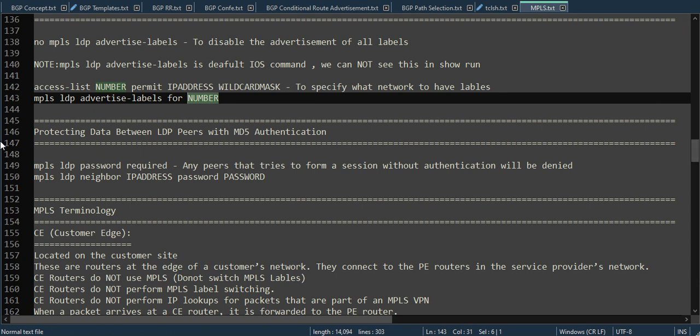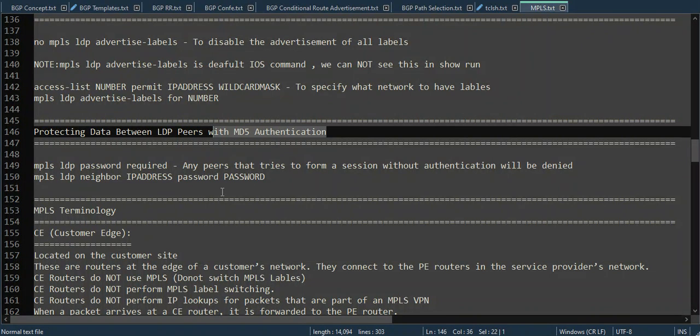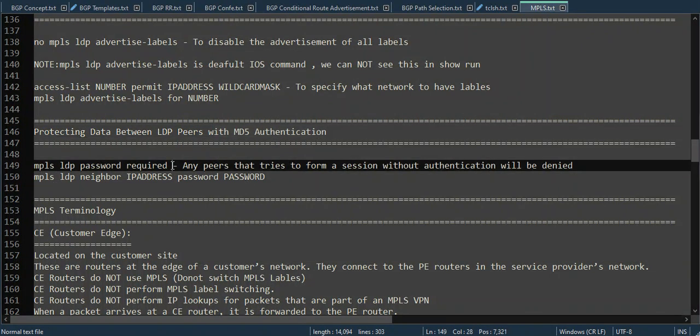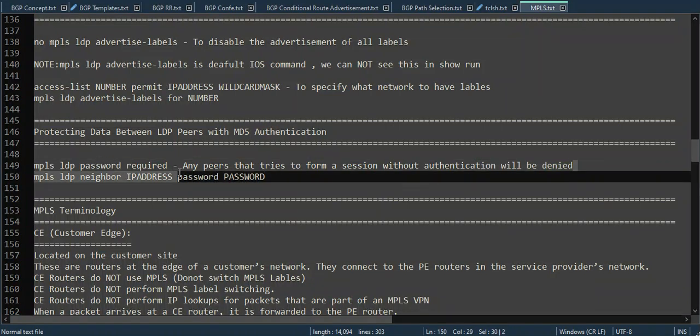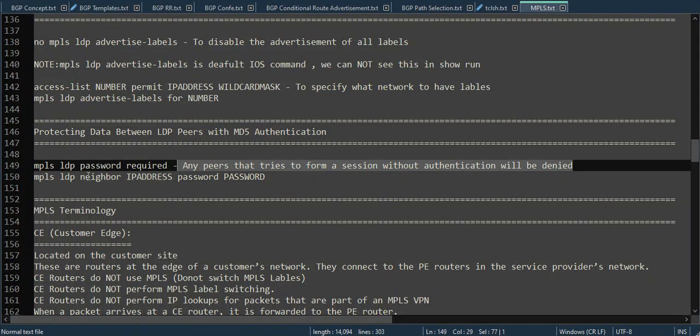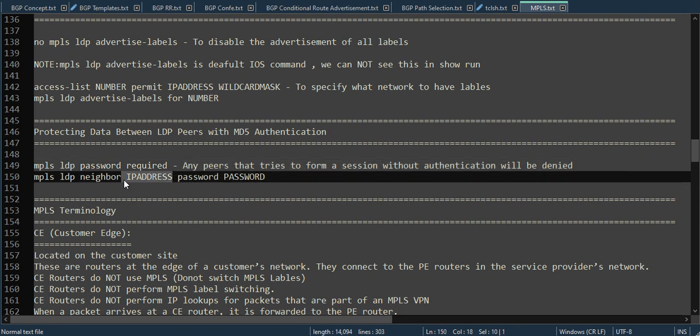And we can also protect data between LDP peers with MD5 authentication. This is so easy. First, we use the mpls ldp password required command. Any peer that tries to form a session without authentication will be denied if we configure this. Then we specify mpls ldp neighbor, the remote address, and password, and specify our password.